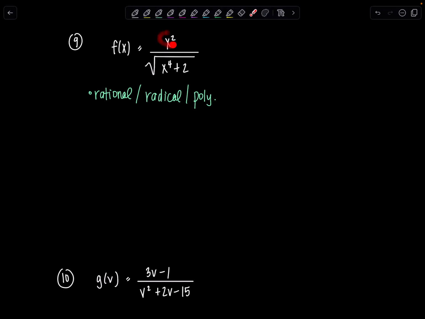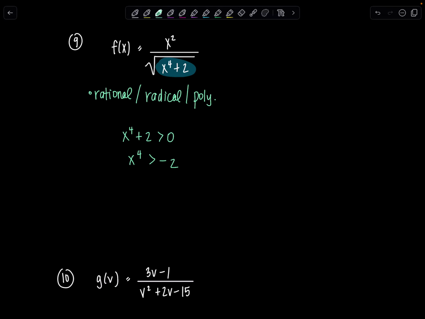Let's see, x squared, don't care about him. The radical, I want to make sure this is an even index, that the radicand, the stuff underneath, is not negative. So x to the 4th plus 2 must be strictly greater than 0. I'm not even going to put equals to because it's in the denominator. That means x to the 4th has to be greater than negative 2.